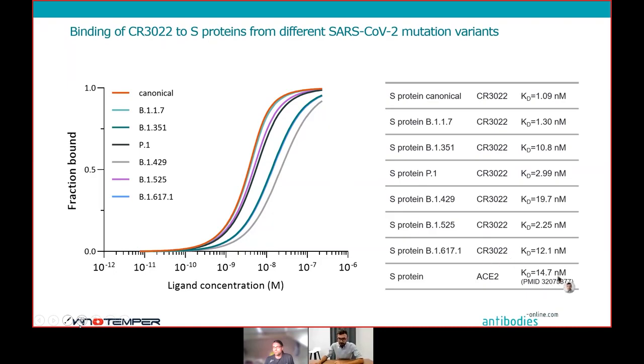For comparison, the KD value between the S protein and the host receptor of COVID-19, ACE2, was found to be around 15 nanomolar, so it's all in similar ranges. One could speculate that the more infectious variants, like the Delta variant, have higher affinities, so it could also come down to a lower nanomolar KD.